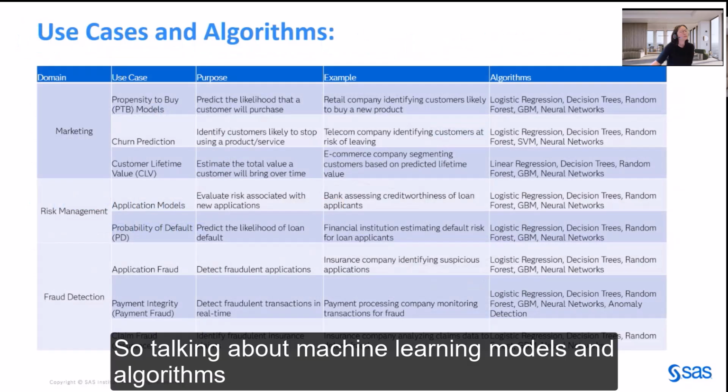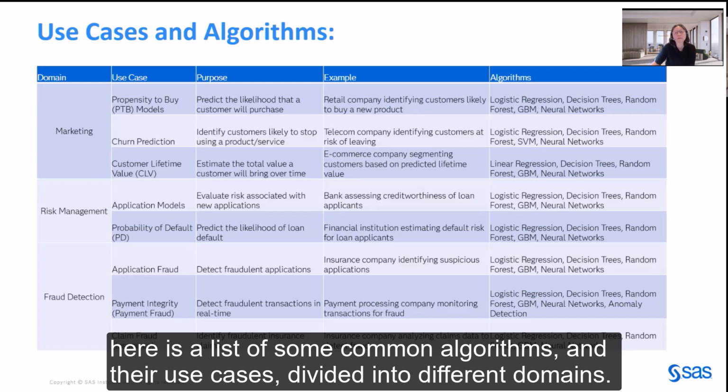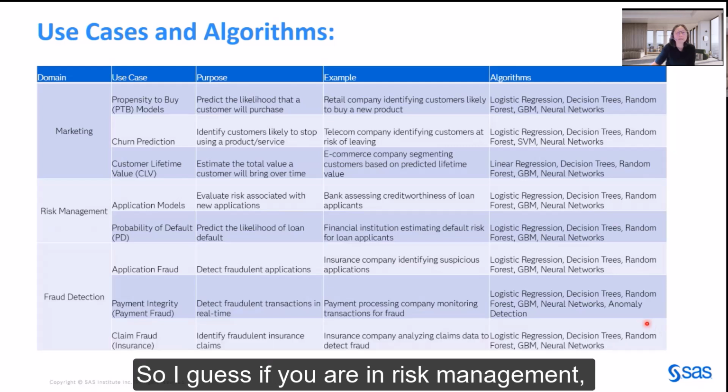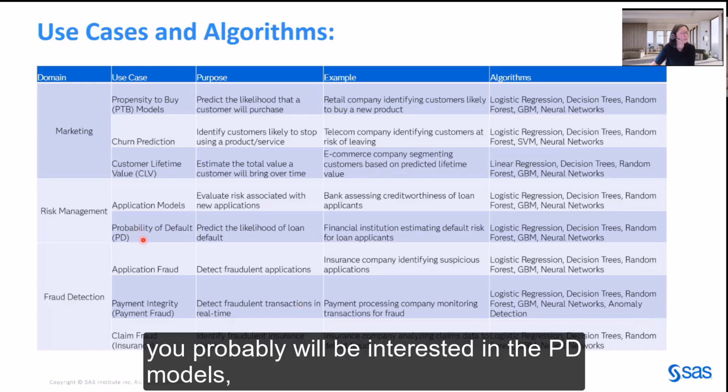So talking about machine learning models and algorithms, here is a list of some common algorithms and their use cases divided into different domains. If you are in risk management, you probably will be interested in the PD models.